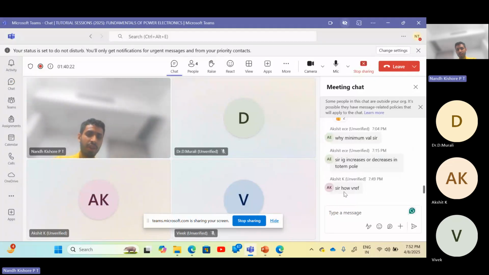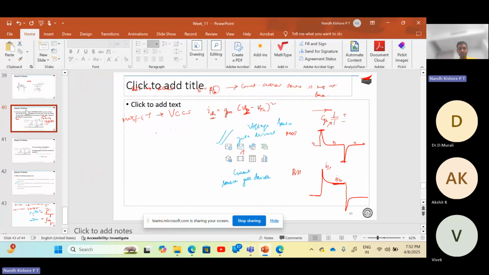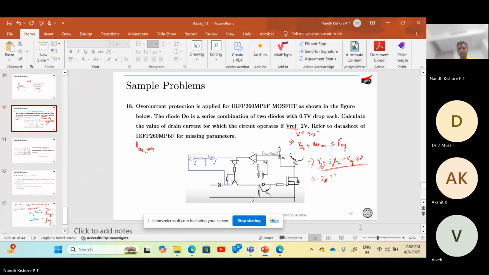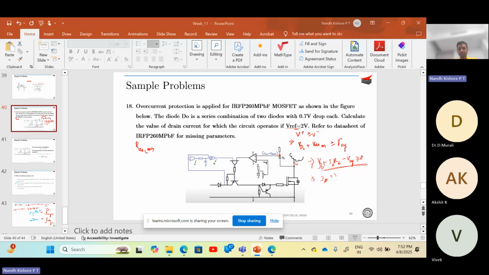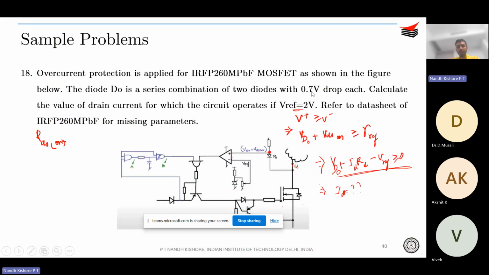Sir, how VREF? Yeah, VREF was given in the problem itself. Here you can see VREF is 2 volts. As I have written over here, you require VD0 plus IDRD minus VREF to be more than 0, for the comparator to turn on. So you require V plus more than V minus.